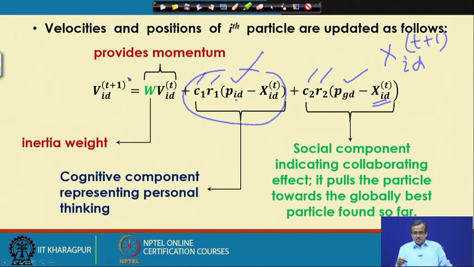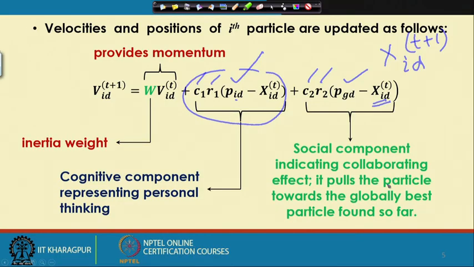Now, the significance of the last part of this expression, C2 R2 multiplied by (P_gd minus x_id(t)), is that it represents the social component. If I want to improve the solution, I will have to see what is the global best, what is happening outside, and the globally best solution is going to attract the solutions towards it.